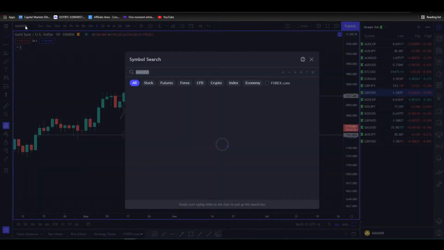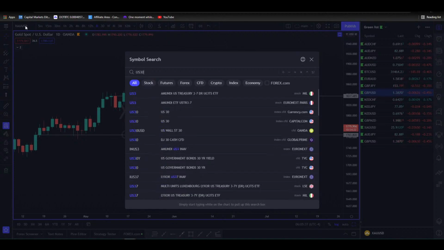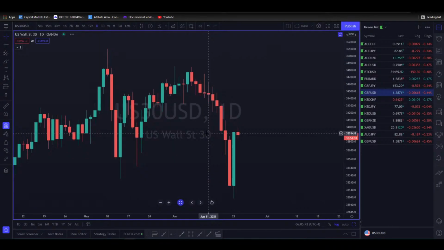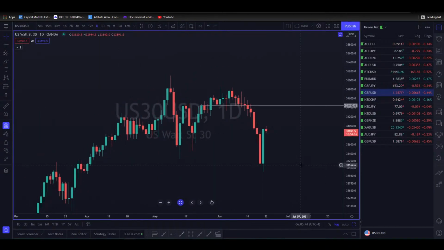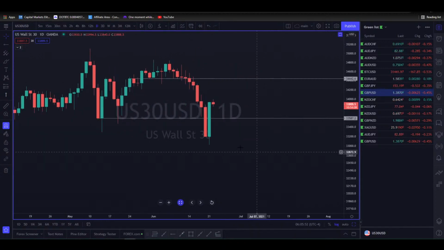I did look at Bitcoin already, Solrak. I will go look at the US 30. Nice big bearish push. Got to break below support right there. Price already traded above it yesterday. This is an outside day, aka bullish engulfing.